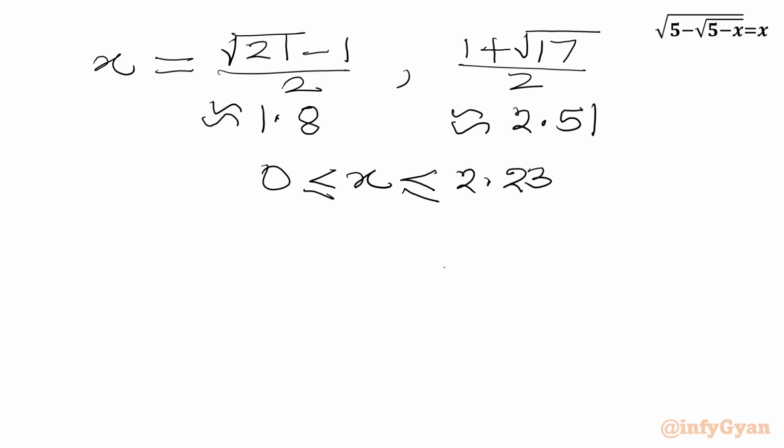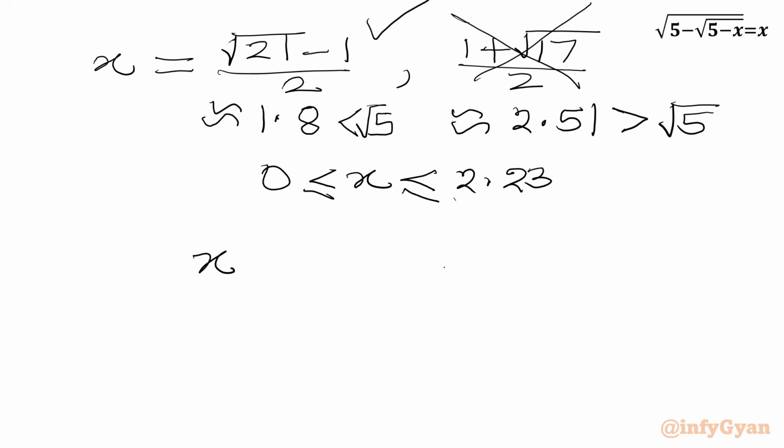This is square root 5. So we are going to reject 2.51 value because it is greater than root 5 and this is less than root 5. So we will accept this and reject 1 plus square root 17 over 2. So I can write the only real value of x which will satisfy our equation is square root 21 minus 1 over 2.